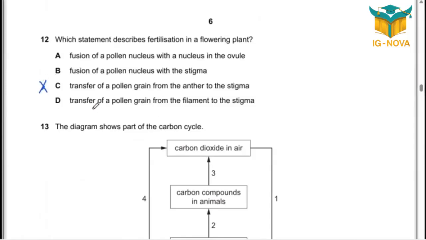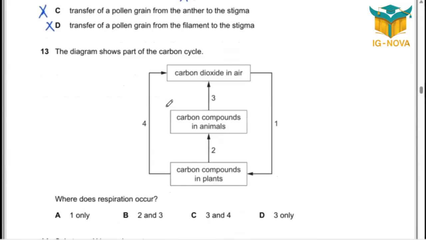So this is wrong. Fusion of pollen nucleus with the nucleus of the ovule or the female gamete, accept. Fusion with the stigma, this is mistake. So A. The definition of fertilization in plant is fusion between pollen nucleus and nucleus of the ovule.